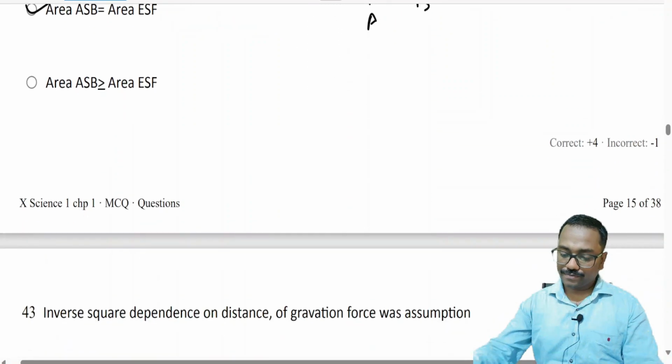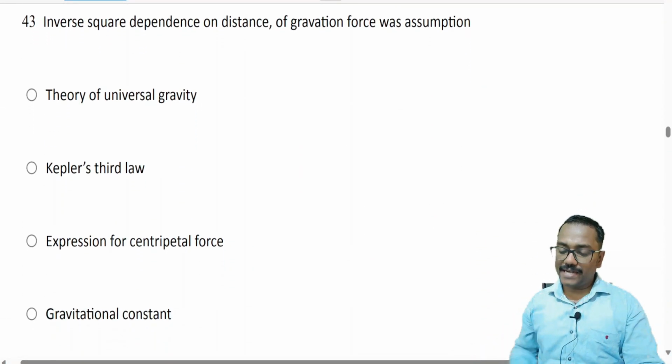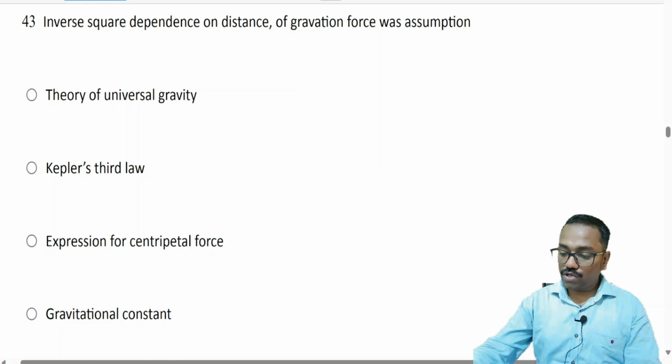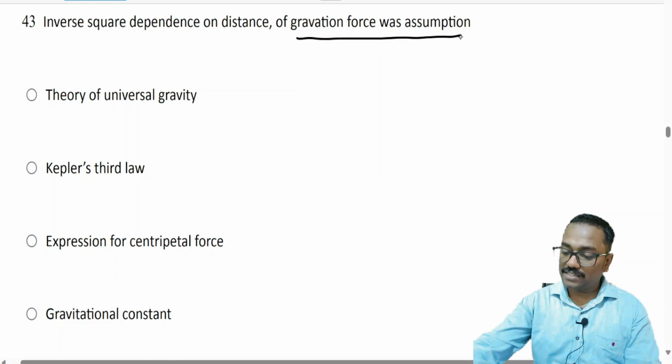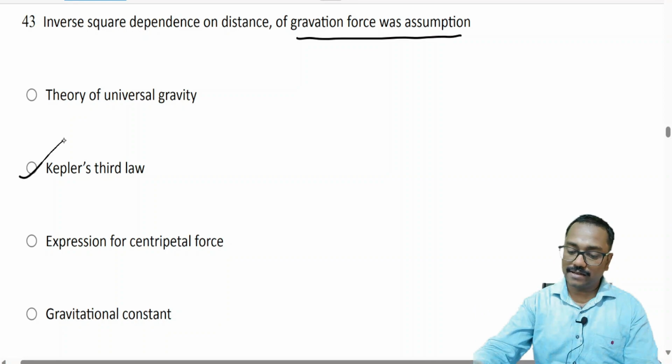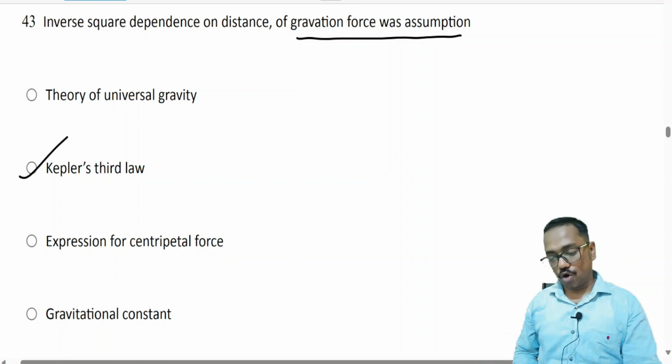43rd question. The inverse square dependence on distance of gravitational force was an assumption. First, theory of universal gravity. Second, Kepler's third law. Next, expression for centripetal force, gravitational constant. So here it is given that gravitational force was an assumption, and its answer is Kepler's third law.